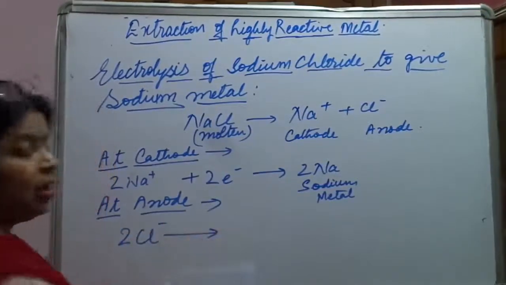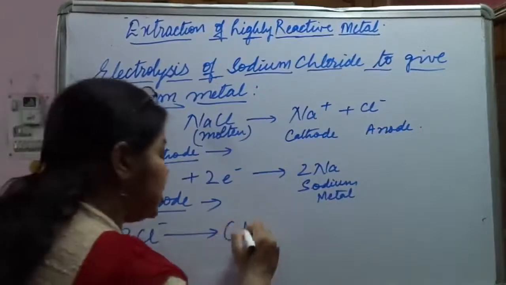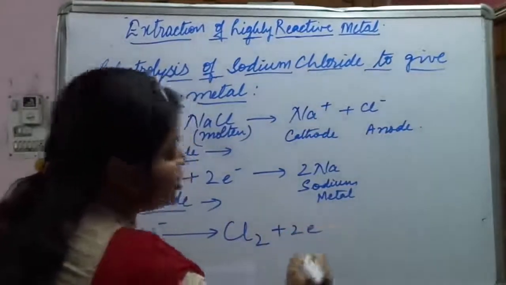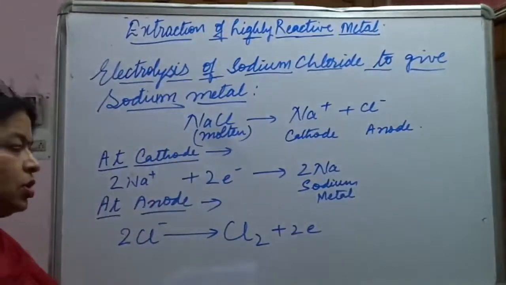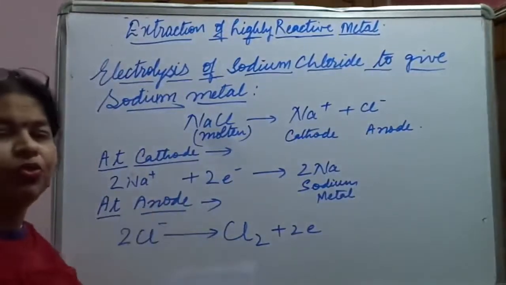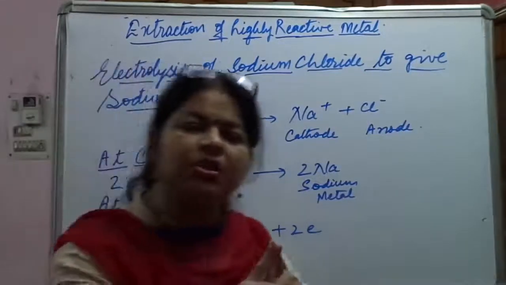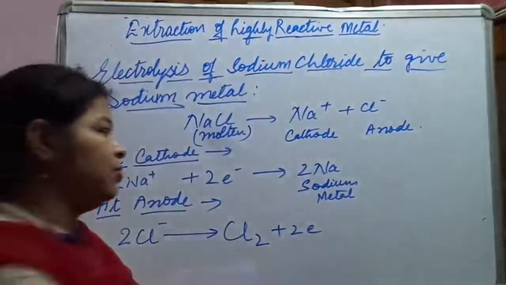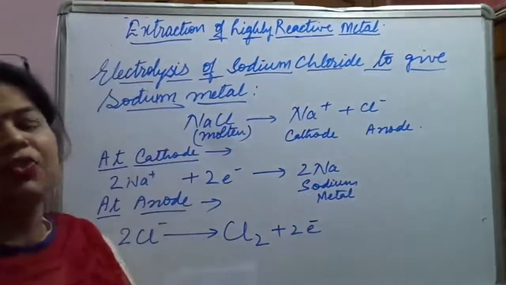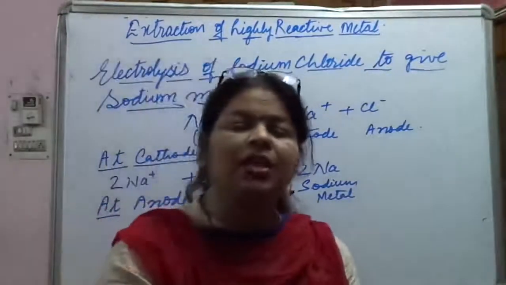They will become Cl2 plus 2 electrons. They are going to release 2 electrons and chlorine gas will be produced over there, because 2 chlorine atoms are going to combine with each other and they will set 2 electrons free. Okay, so in this way the reaction will take place at anode.